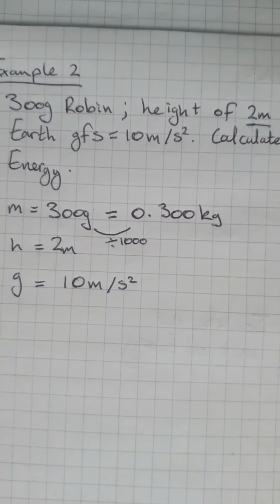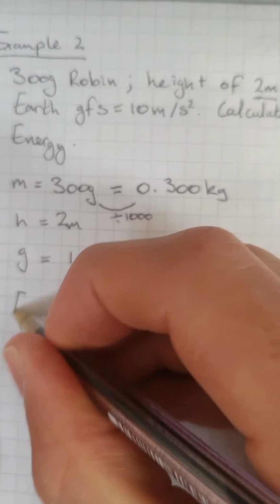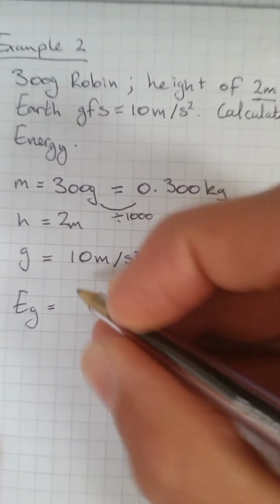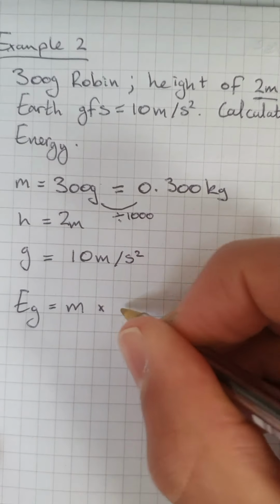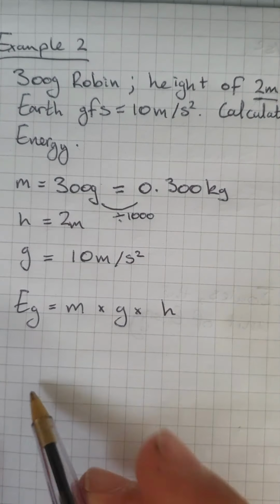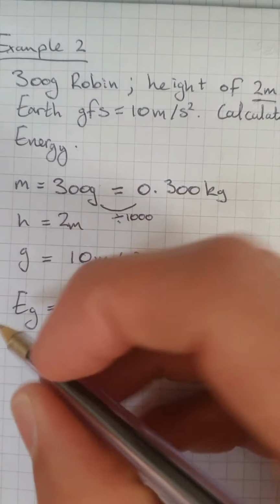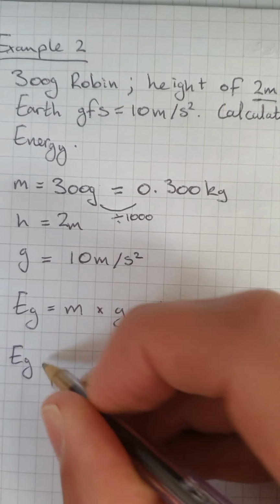The next thing we're going to do is write out our equation that we're going to use. So our energy, E little g, is equal to M times G times H. And if you ever see this written, this is generally how it's going to be written, M times G times H. We're then just going to put the numbers in the right places.